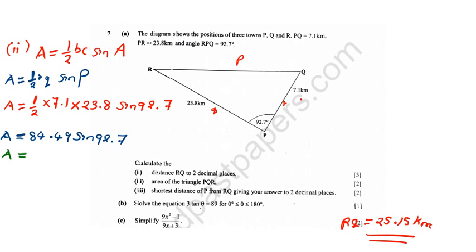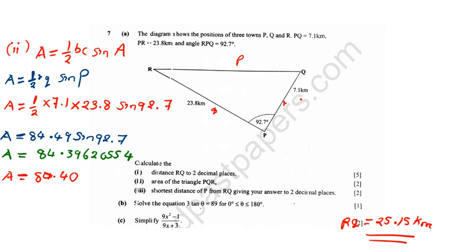When I multiply 84.49 sin 92.7, I'm getting 84.9620554. So let's round off our answer to two decimal places. So it will be area is equal to 84.40.